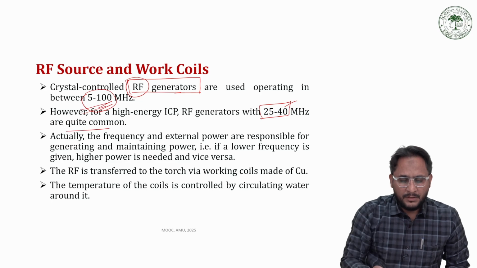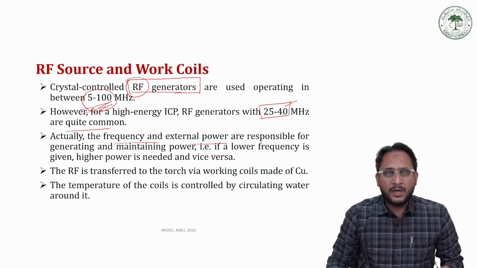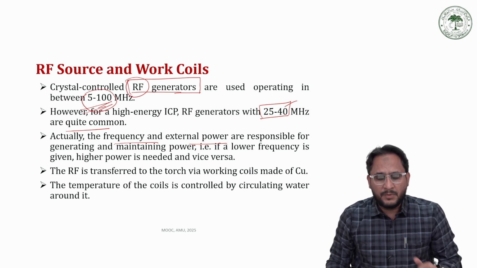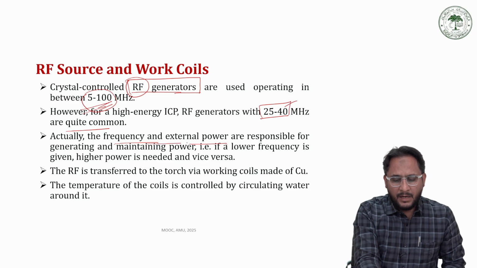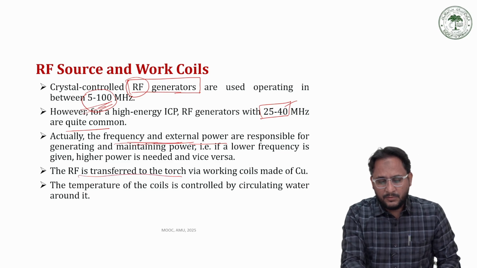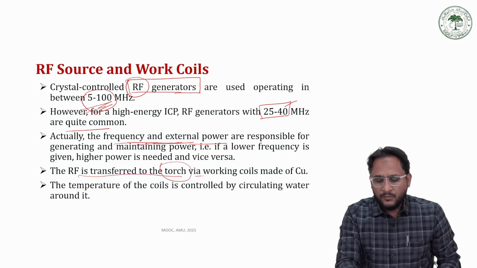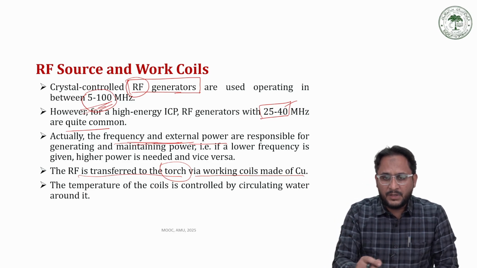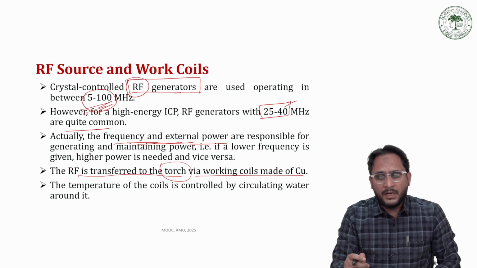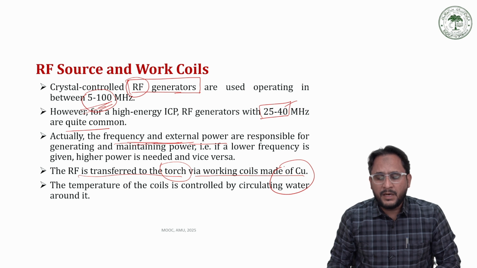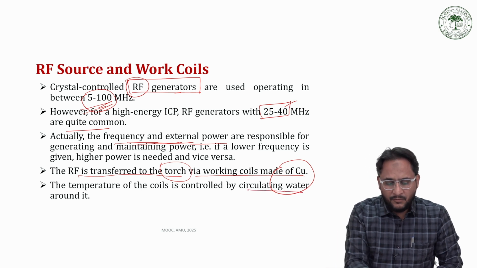It is very common, and this frequency and external power source are basically responsible for creating a magnetic field which then generates a plasma. And these RF frequencies are transferred to the quartz torch with the help of copper coils, and these copper coils are surrounding the quartz tube, and they are protected from the high temperature of the plasma by a circulating water bath around it.